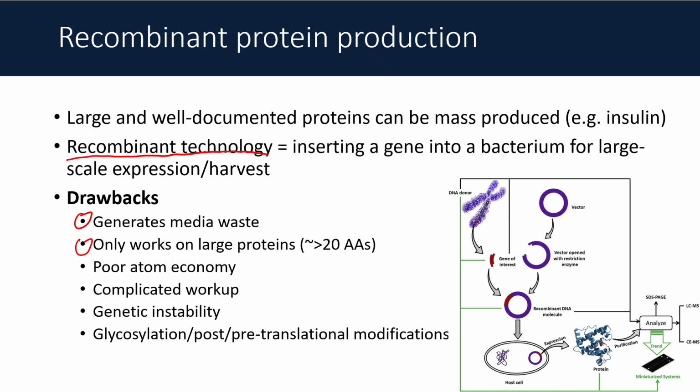Synthetically, recombinant technology also has what us chemists call poor atom economy. What does that mean? Yes, if you give the insulin gene to a bacteria and train it to make it for you, it will make a decent amount of insulin, but it will also make literally every other protein, lipid, whatever it needs to survive, which we really don't want.